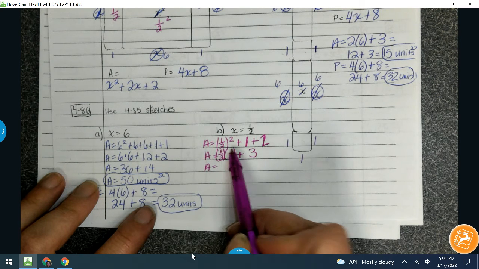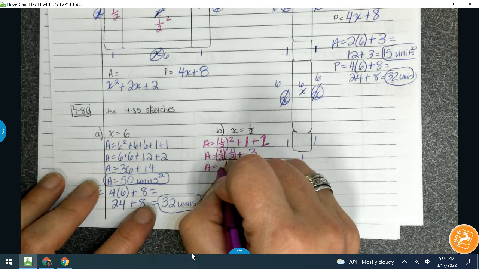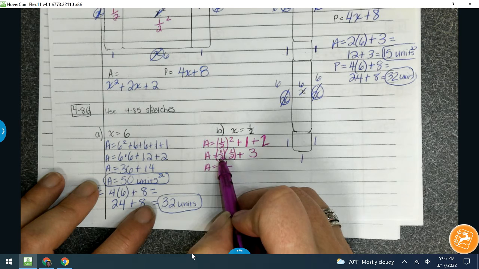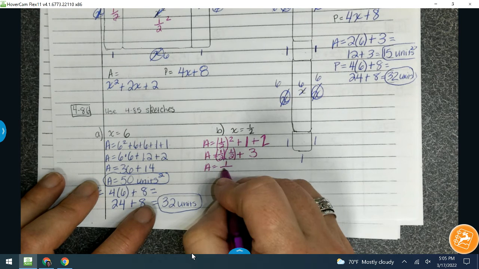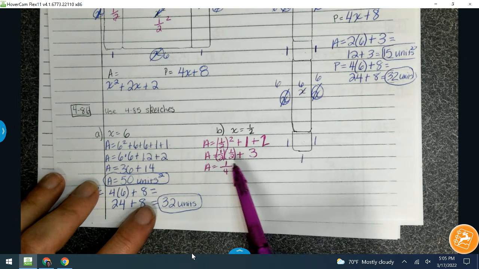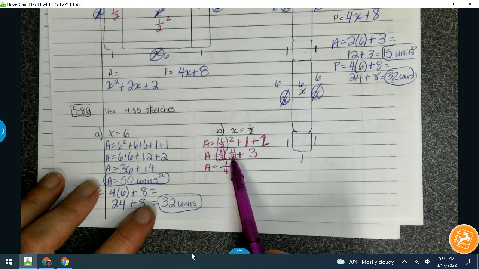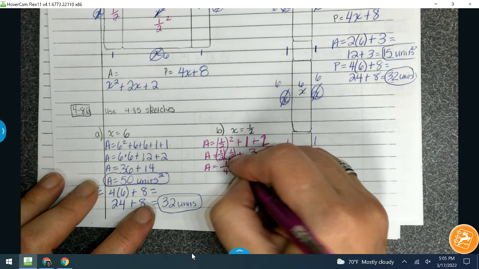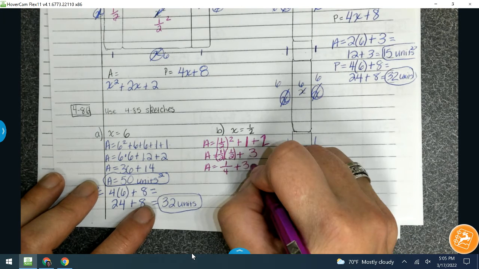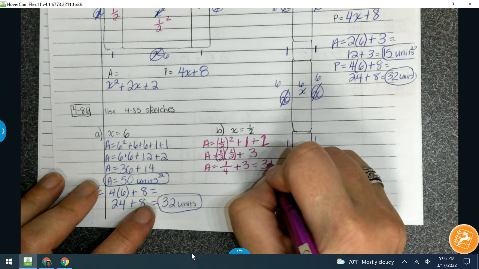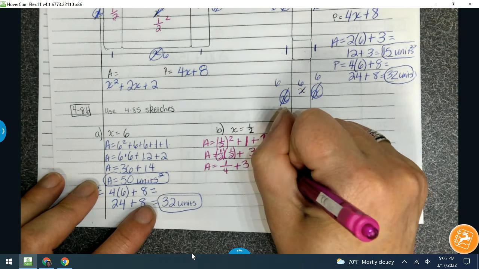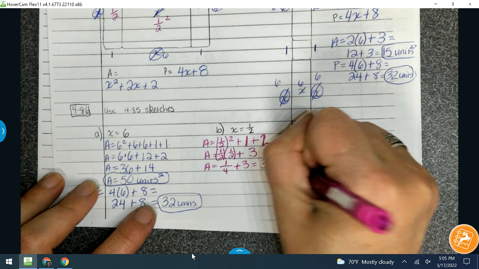So I have 1 times 1, which is 1, over 2 times 2, which is 4. And that makes sense because if I have $50 and then I give you half, that's 1/4. Plus 3. And that equals 3 1/4 units squared.